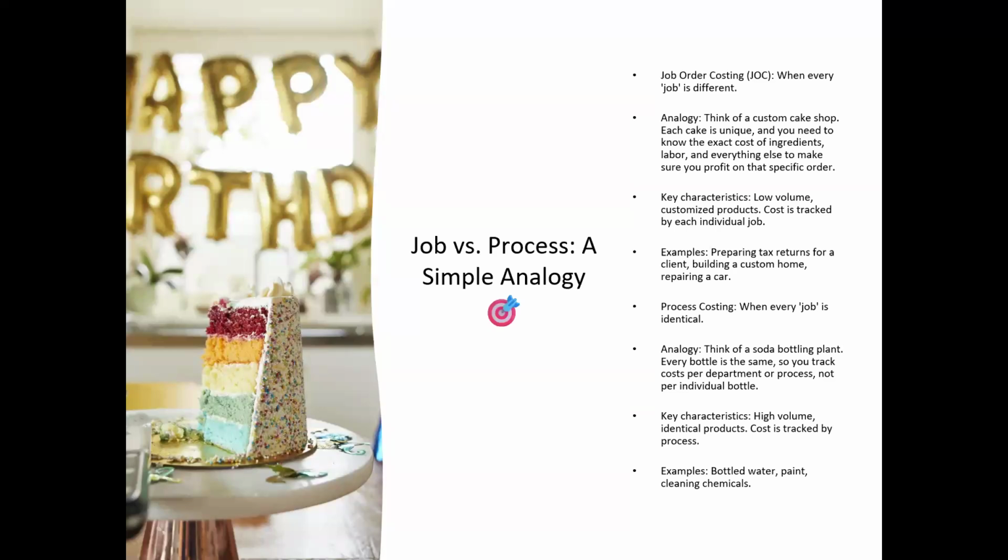Now, think of a small shop around the corner that bakes cakes for birthday, for wedding, or all kinds of ceremonies. The type of products they produce will vary. They depend on the customer's expectation or the customer's request. And that includes the time spent on producing that job, which we call the direct labor cost, and then the raw materials that are used for the production of the product, like the cake that is requested by the customer.